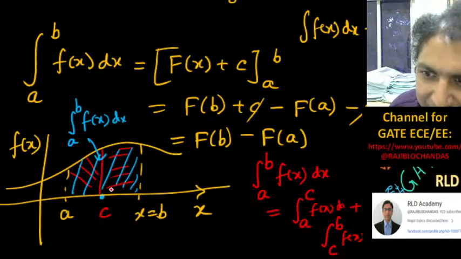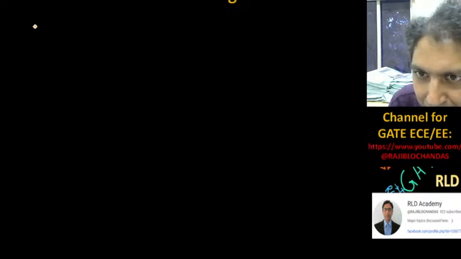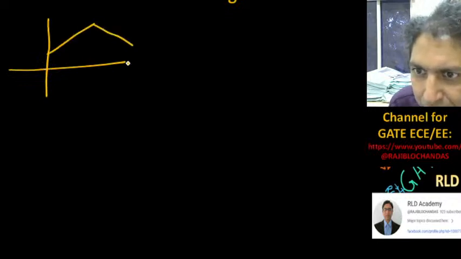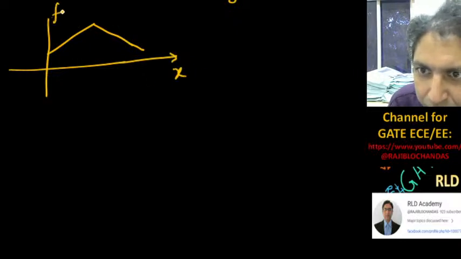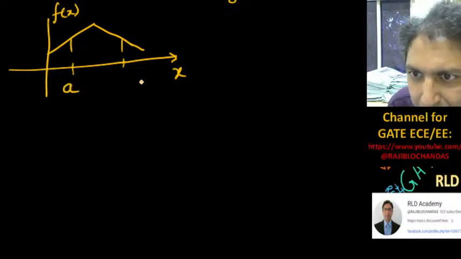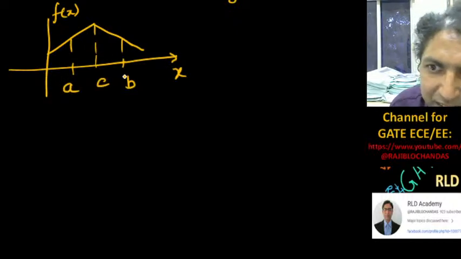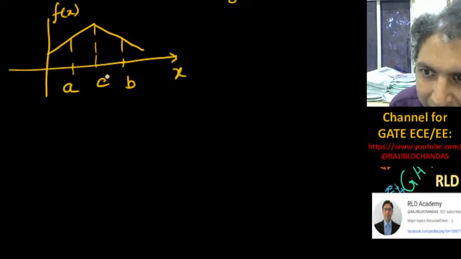However, if the function is defined piecewise, like if I consider one function like this, with x, f of x, and this is a, this is b, and this one is c, then obviously you can't integrate from a to b directly, because the function is defined from a to c and then again from c to b.